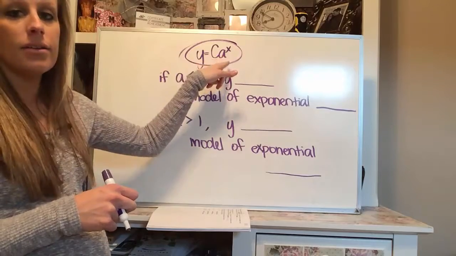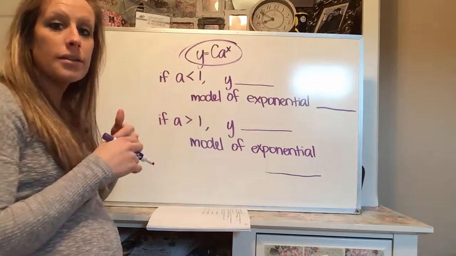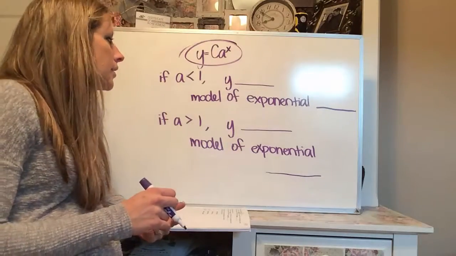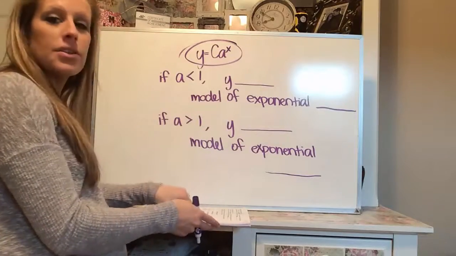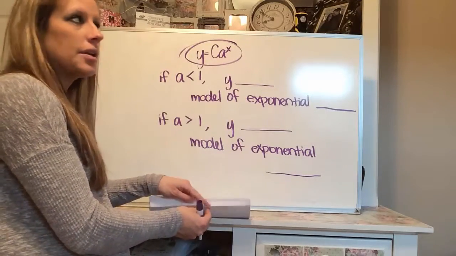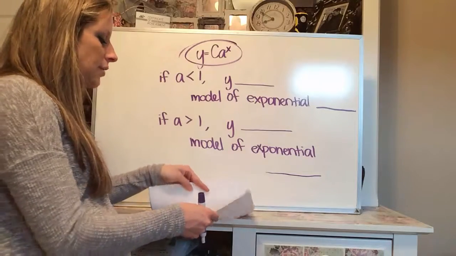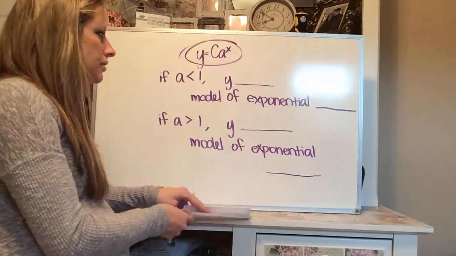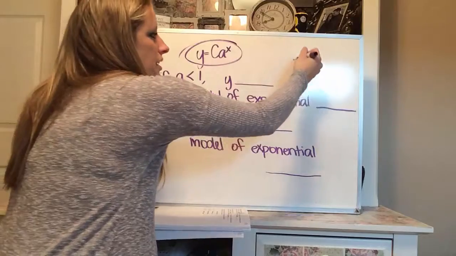So that a, whatever your base is, if your a is less than 1, so if it's a fraction or a decimal less than 1, look at the front of your notes. When you had a base that was less than 1, what happened to that graph? It was the very first one we did.